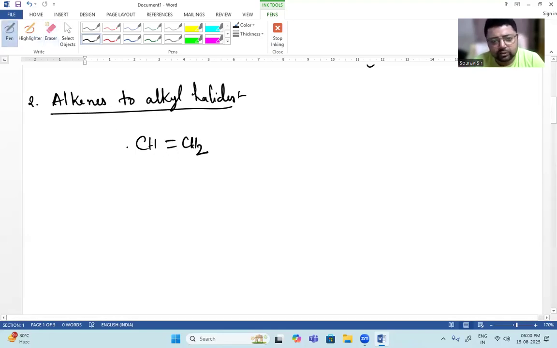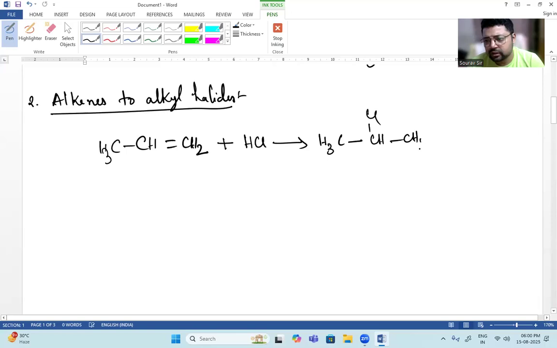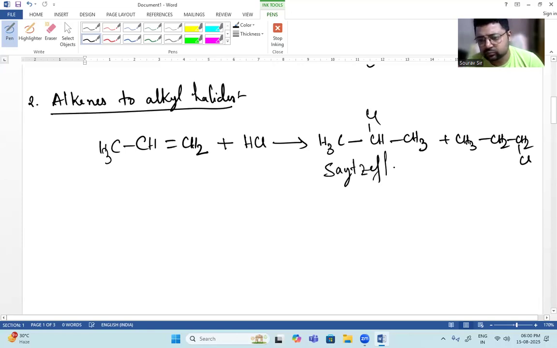It can be like this also, CH3CH=CH2. So we can add HCl directly, and we will get the product CH3CHClCH3. Two types of products are possible: one is the Saytzeff product and one is the Hofmann product. This is the more substituted product, called the Saytzeff product, and this is the Hofmann product.